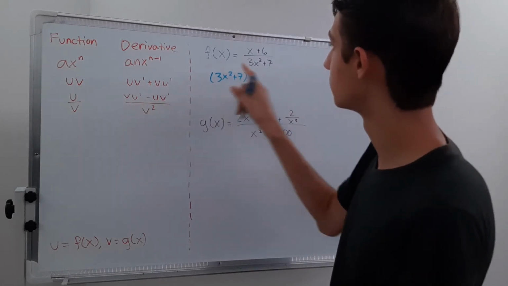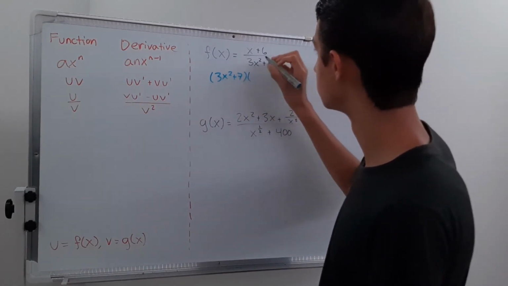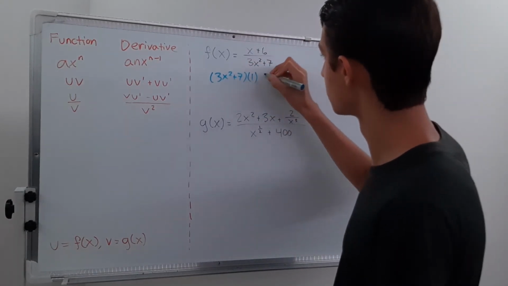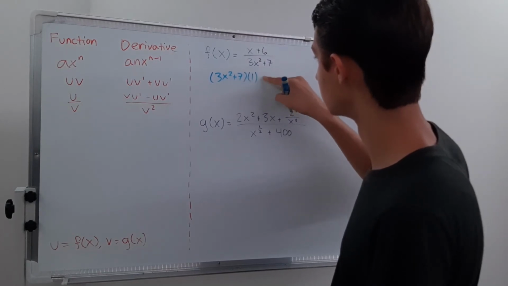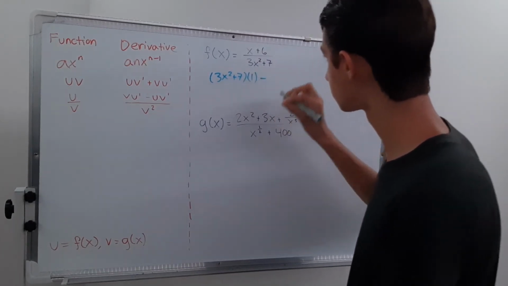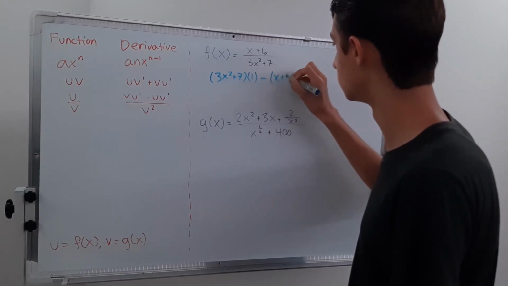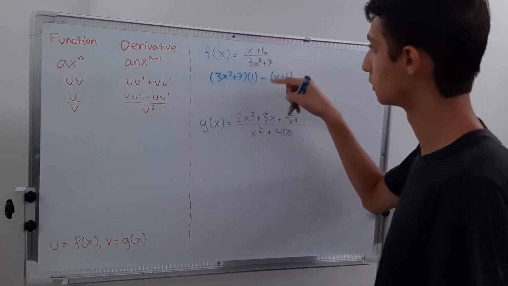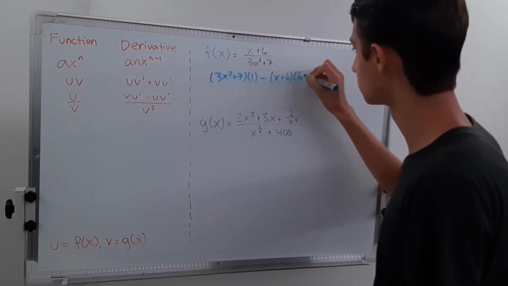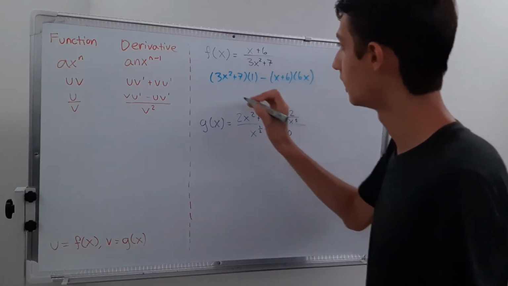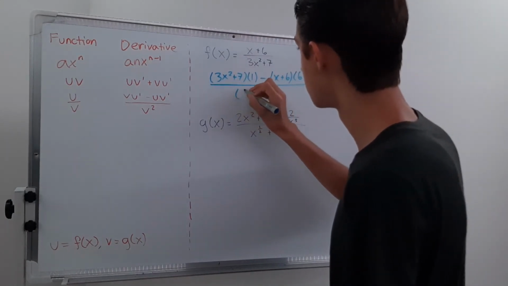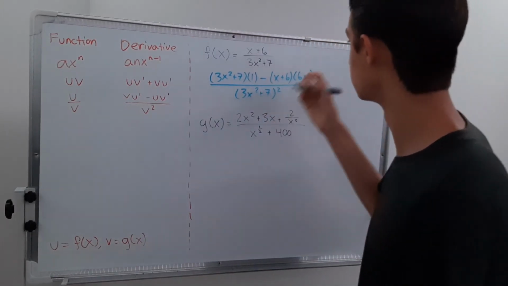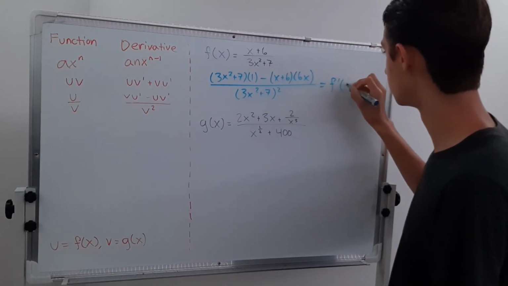So 3x squared plus 7 times the derivative of u, which is just 1, because the 6 goes away, minus, it's not the product rule, so minus x plus 6 times the derivative of this, which the 7 is going to go away, so this is just going to become 6x to the first power. And then we're going to divide this by 3x squared plus 7 squared, and that's it. Actually, that's our f prime of x.